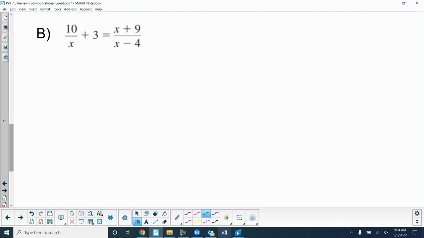Now, looking at these two, it's x times x plus 9. That'd be 3x squared minus 12, because these two usually get squared, and then the minus 4. So 3 times that would be 3x squared. That would be negative 12.